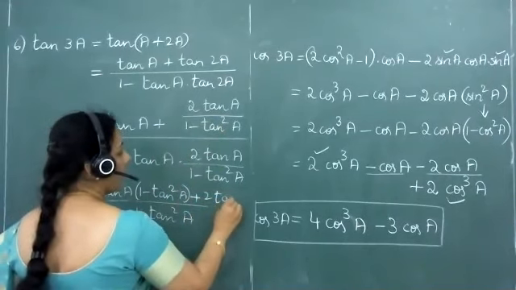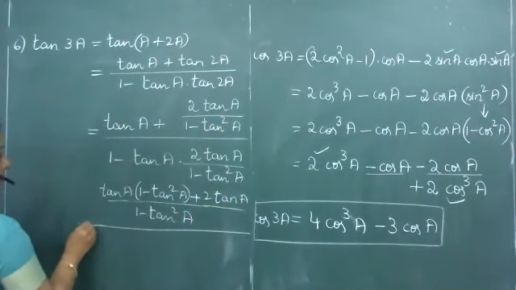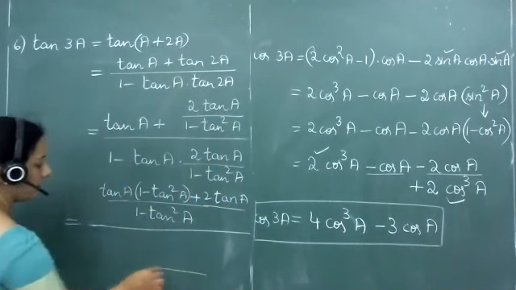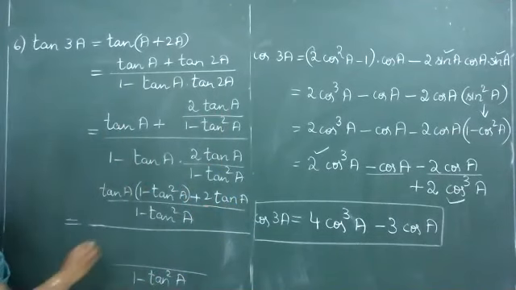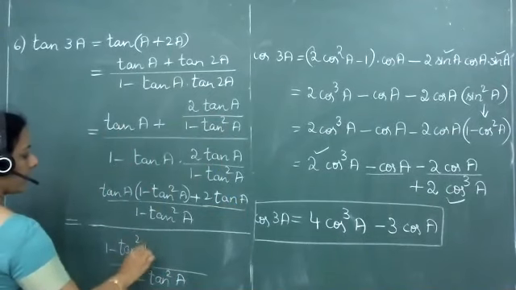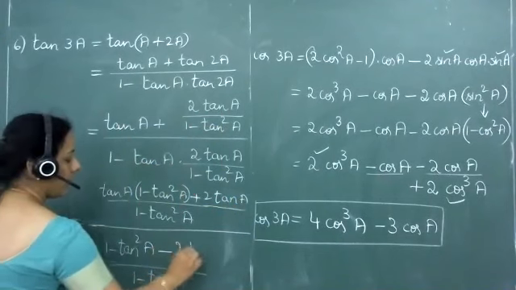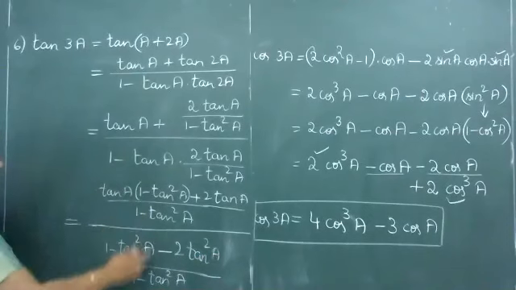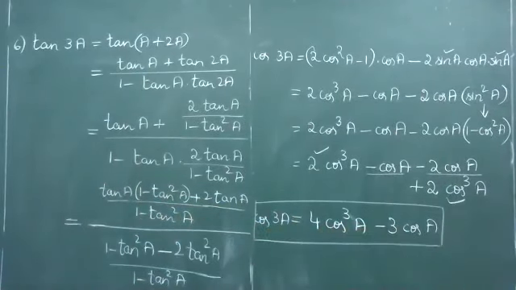The second term will be 2 tan A whole divided by 1 minus tan squared A in the denominator, so that the numerator will be 1 into 1 minus tan squared A retained as it is, minus 2 tan A into tan A, which becomes 2 tan squared A. 1 minus tan squared A common to the denominator gets eliminated.